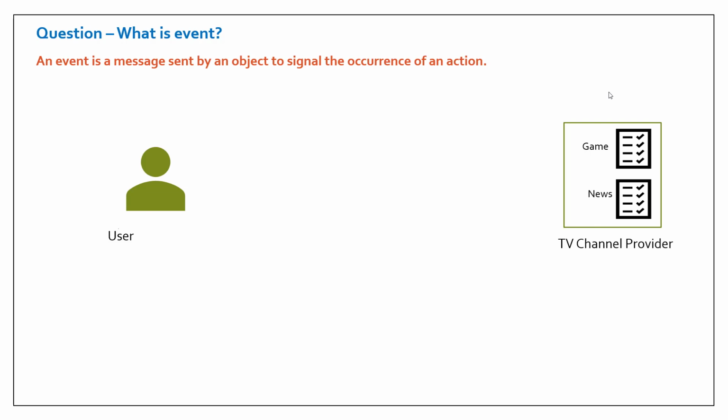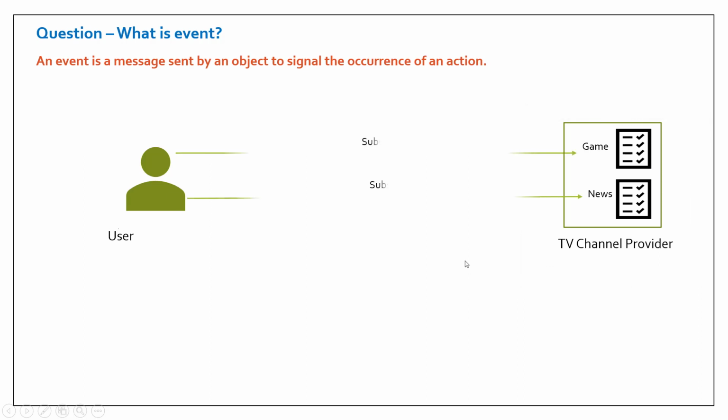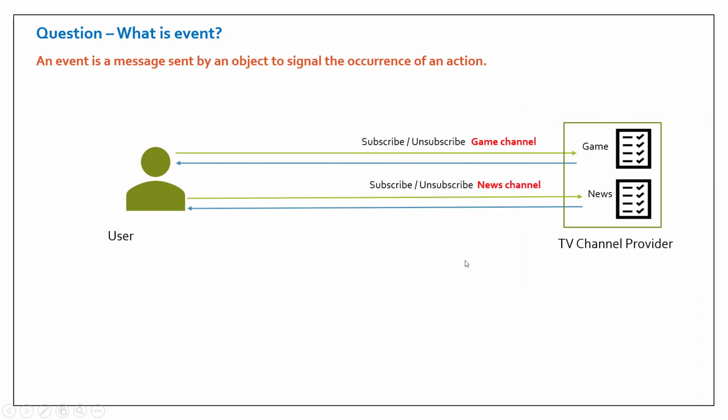Let's give another example. We have one entity user and there is TV channel provider. Now user can watch several channels like game, news or music. So user can either subscribe or unsubscribe to channels.